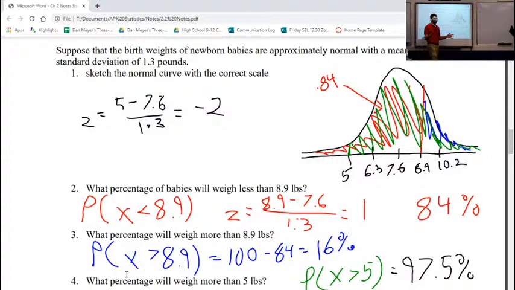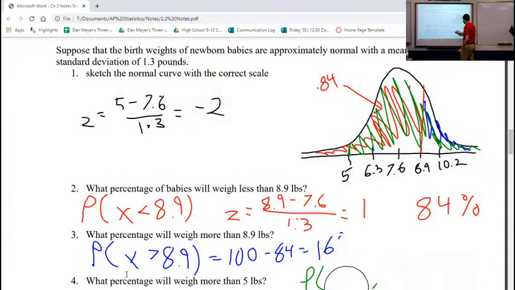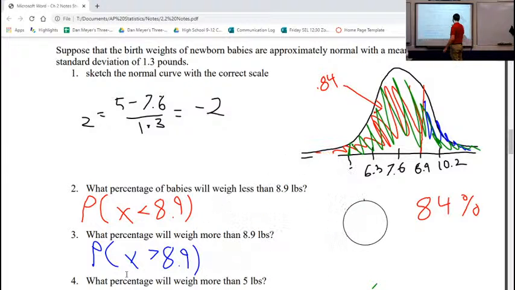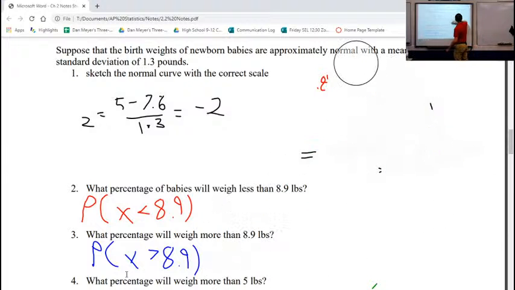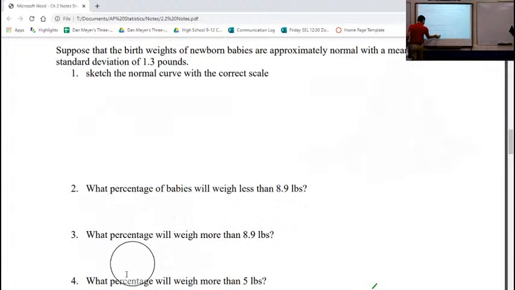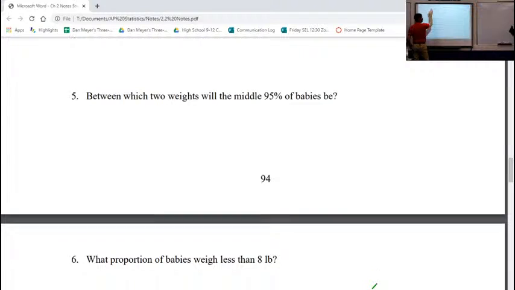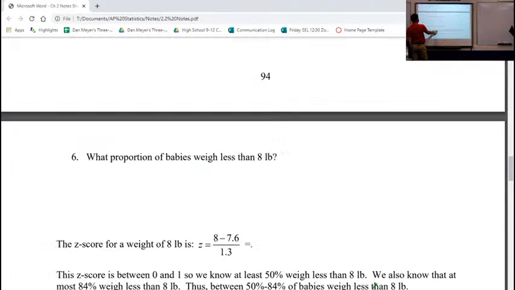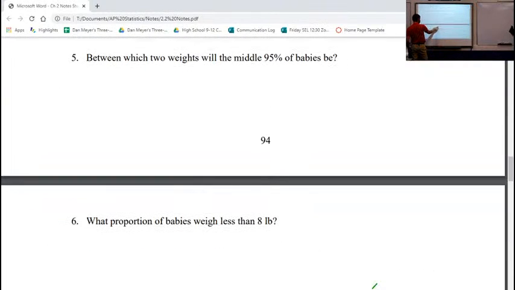That would not be very useful. Because what if we wanted the proportion of babies that weighed less than 8 pounds?